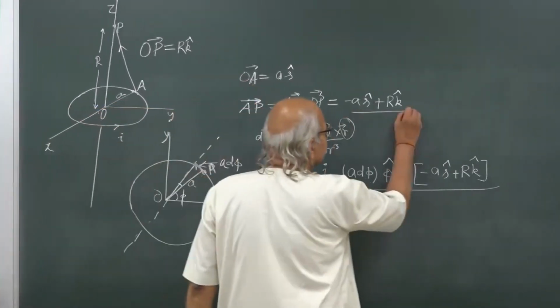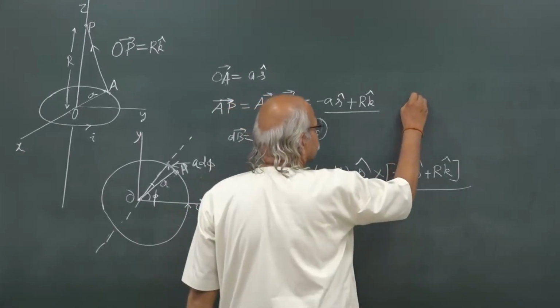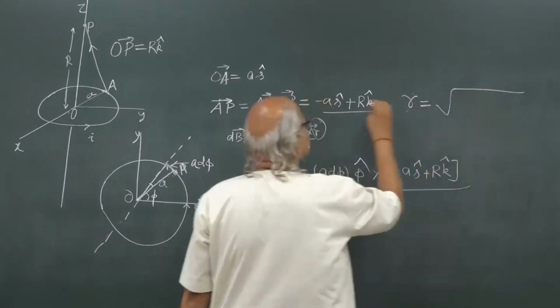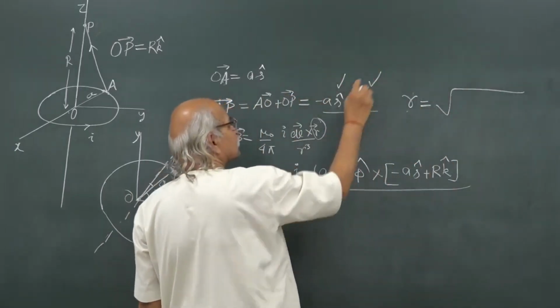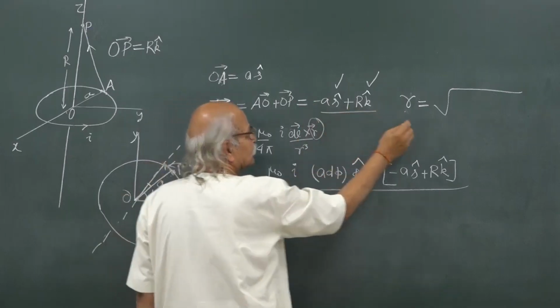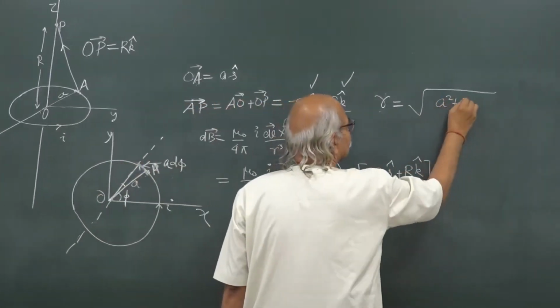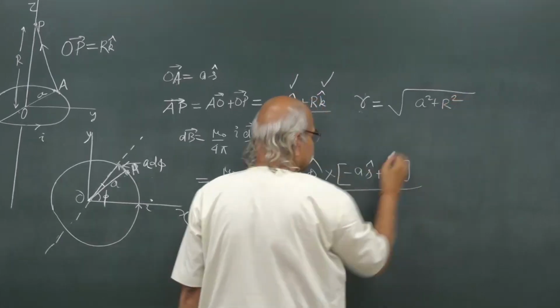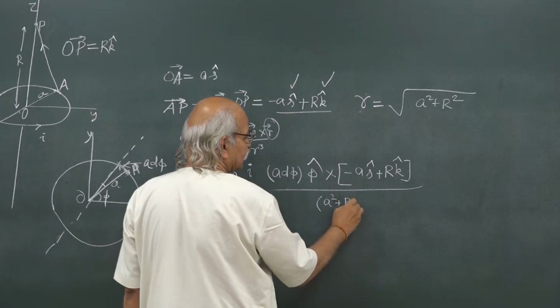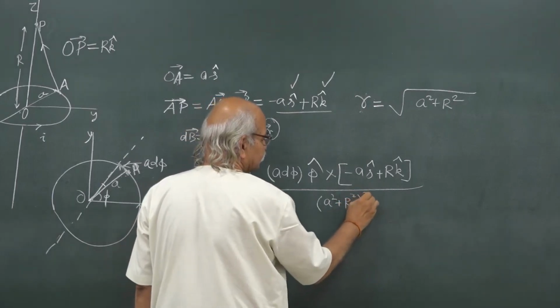R is the square root of, remember these are perpendicular directions, s cap and k cap, so it is A squared plus R squared. So A squared plus R squared to the power 3 by 2.